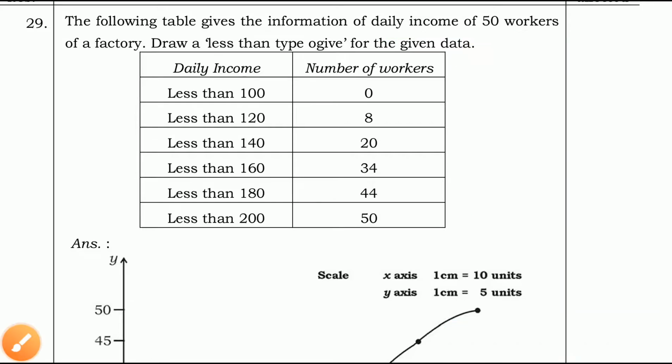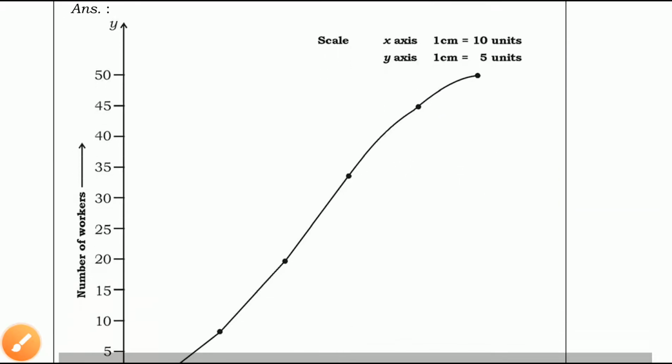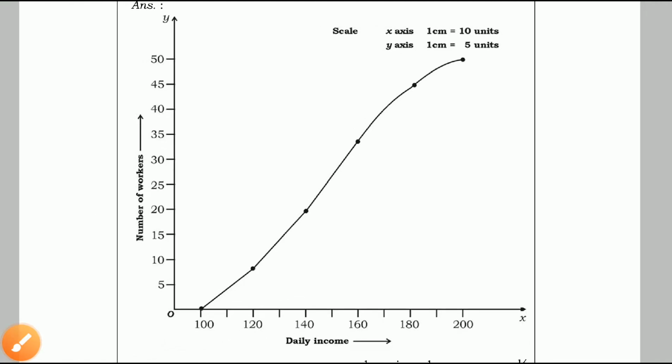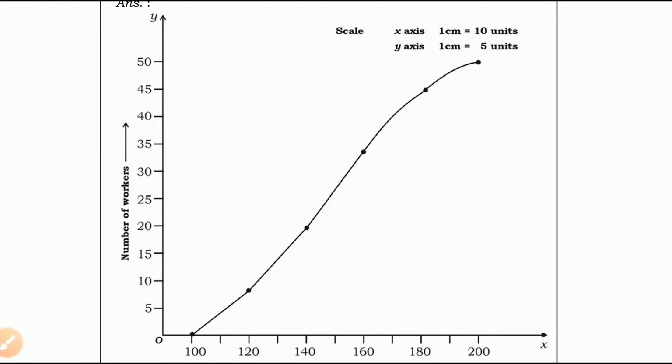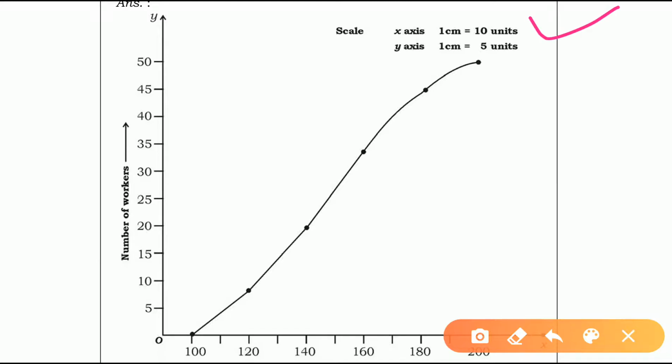We take the scale on the x-axis as 1 centimeter equal to 10 units, and on the y-axis 1 centimeter equal to 5 units.